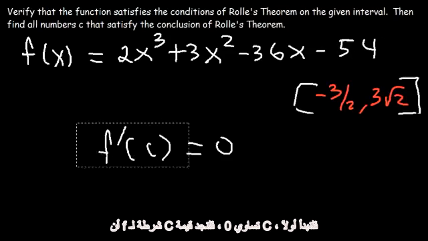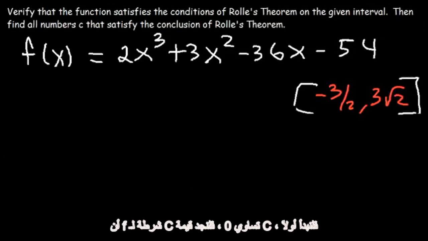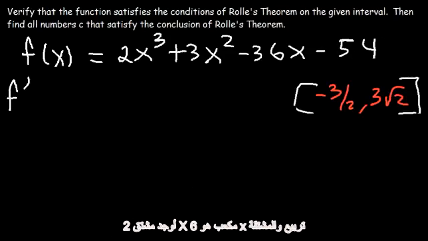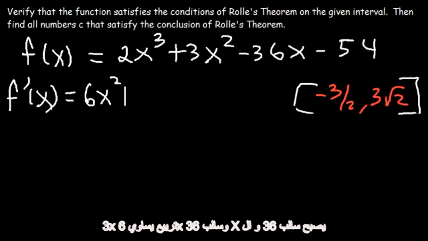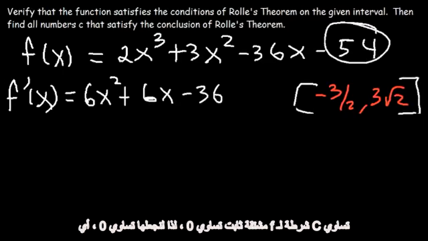So let's find the value of c. So first, let's find the derivative. The derivative of 2x cubed is 6x squared, and the derivative of 3x squared is 6x, and negative 36x will become negative 36, and the derivative of a constant is 0. So let's set it equal to 0.